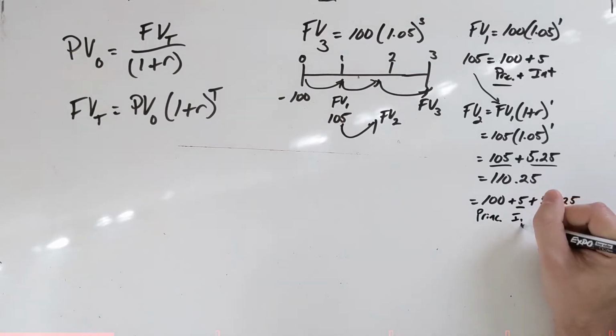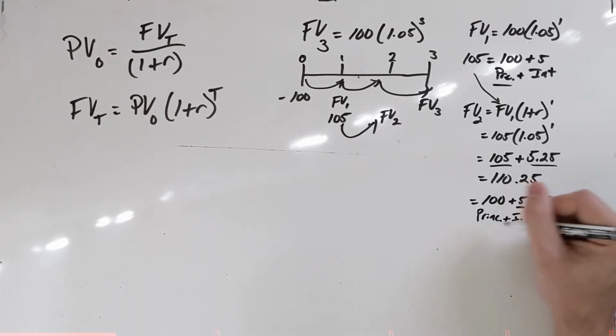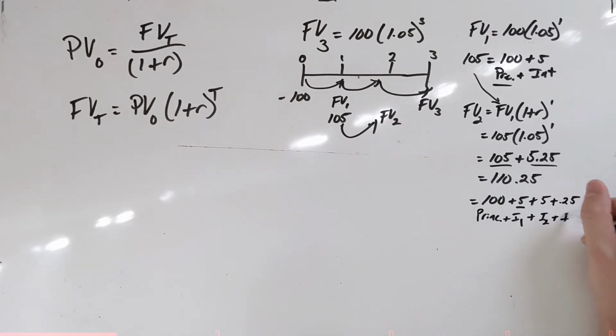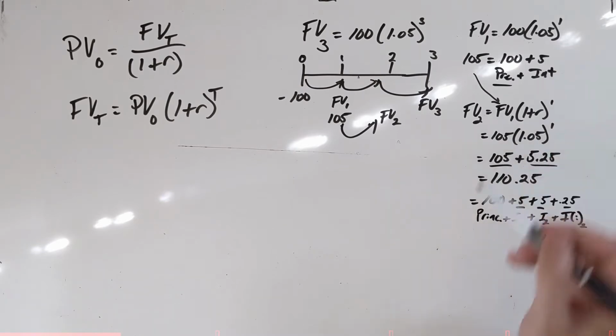This is our interest from time period 1 on the principal. This is the interest in time period 2 on the principal, and then this is the interest on the interest in year 2. And so we're starting to see what's going on here. You're getting more interest in each year because in year 1 you gained $5.